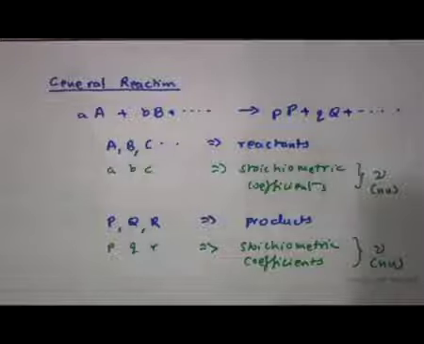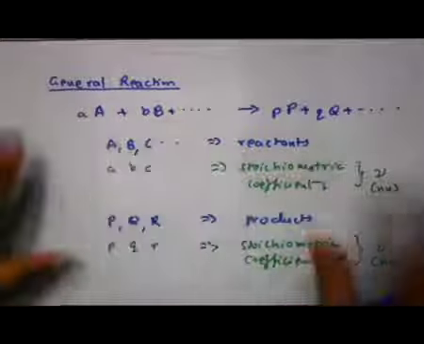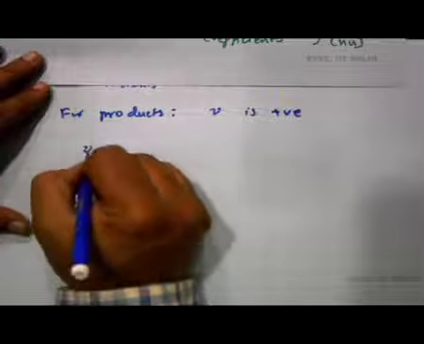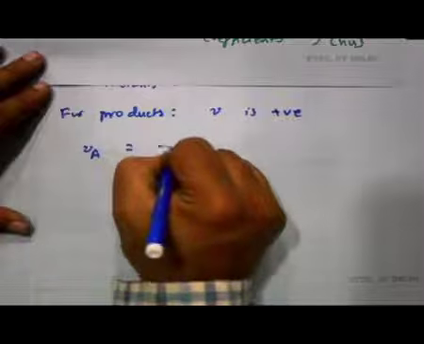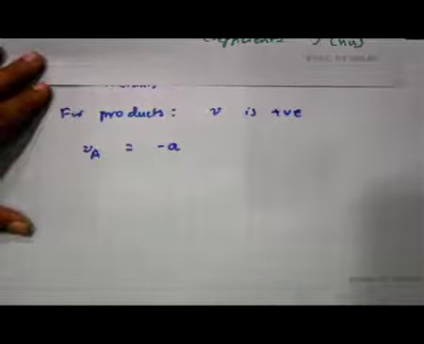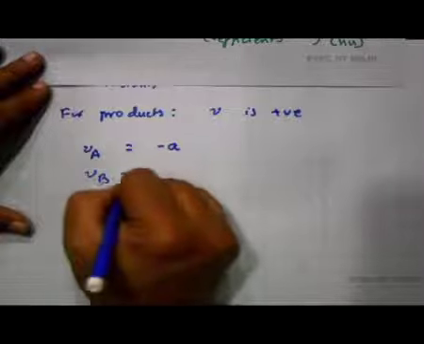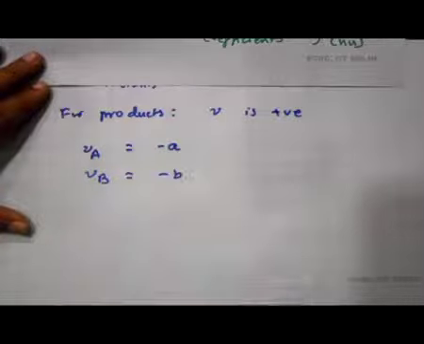So, if you go back to this equation, if I am writing nu for A, it would be minus a. If I am writing nu for B, it would be minus b.